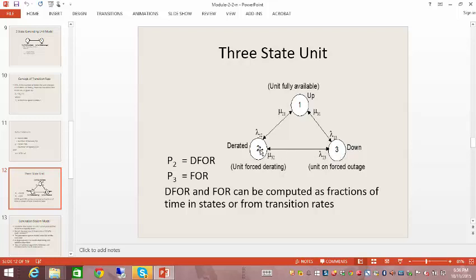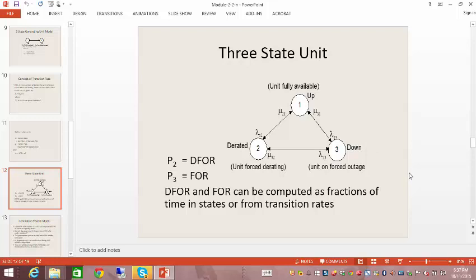Now, in a large unit, you may have more than one partial capacity state. But many people feel that you can represent those partial capacity states by an equivalent derated state. So this would be a three-state unit.